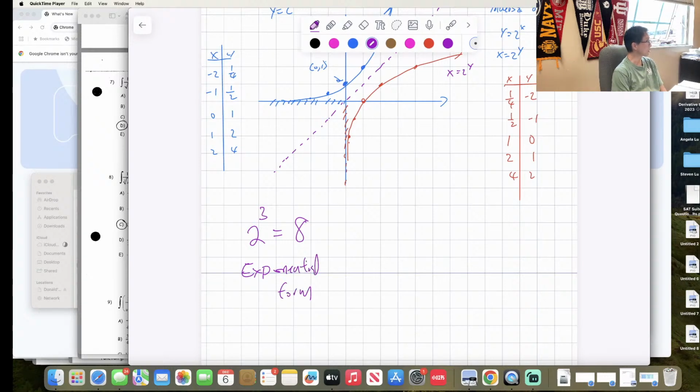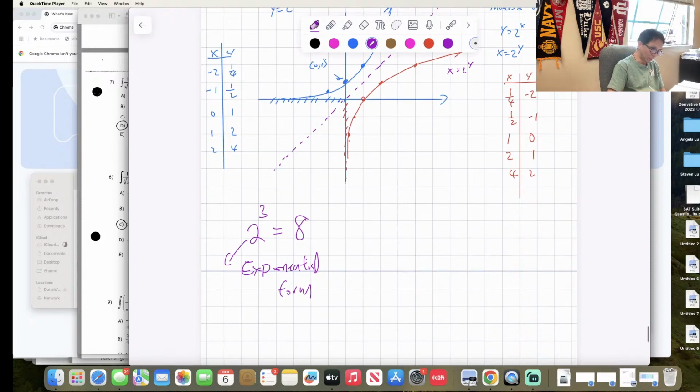This is known as the base. This is known as the exponent. And 8 is known as the output. Now you can convert the exponential form. The log form is going to start with a log, and this is going to be the base. 2, this is the base.